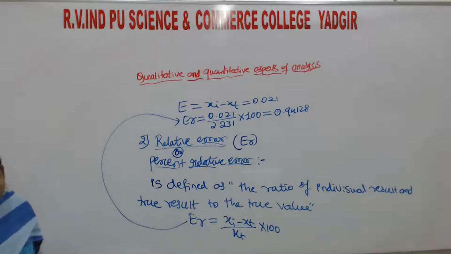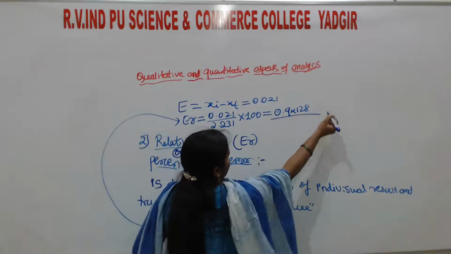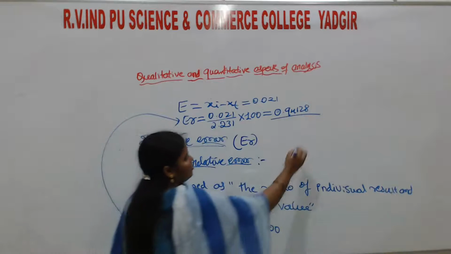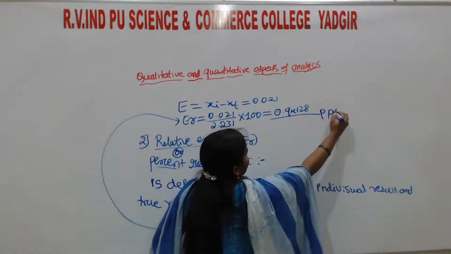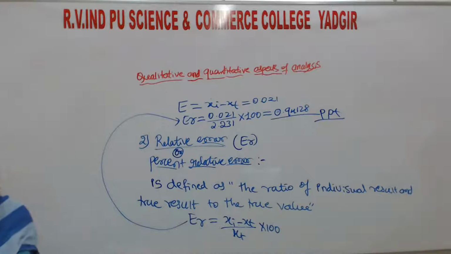0.9412 is called the percent relative error, and the error can also be expressed in terms of parts per thousand, PPT. This is more reliable than percent relative error.